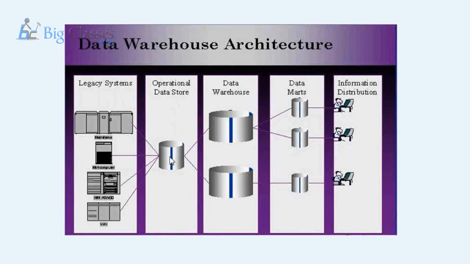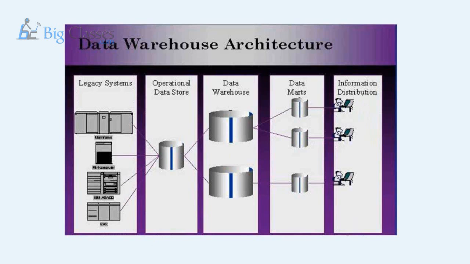From the operational data source, we load data by using an ETL tool or PL/SQL procedures. Then comes the data warehouse, and department-wise we connect information distribution, which is nothing but a reporting tool. So this is a general architecture, this is a detailed architecture.